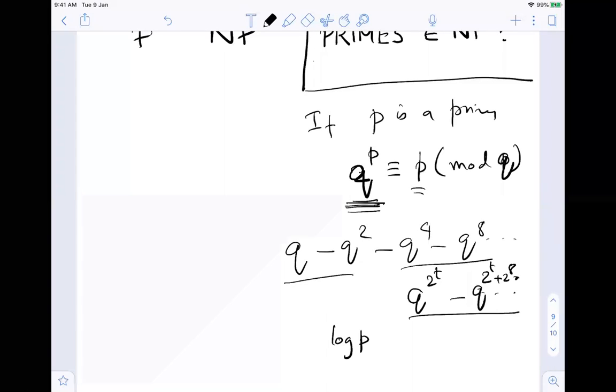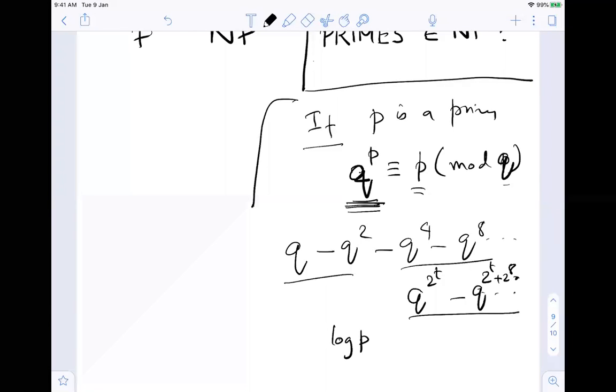So see, I have not done the simple things. I have not checked whether p is divisible by a number or not. I don't know the factors of p. I have no idea. Now, the problem is that this can be one start, but this is not an if and only if statement.